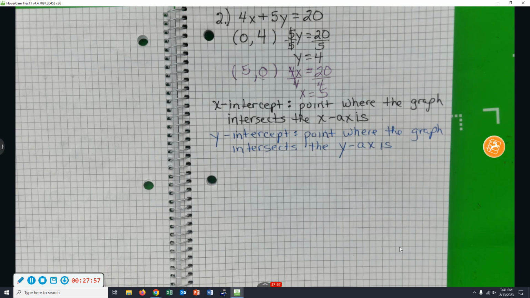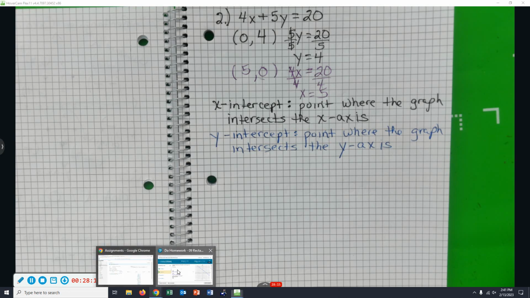If you look back at these graphs, the two ordered pairs we were plotting were those on the x-axis and the y-axis. So on problems 1 and 2, if someone asks, what are you doing there? You could say, we're plotting lines using the x and y intercepts.